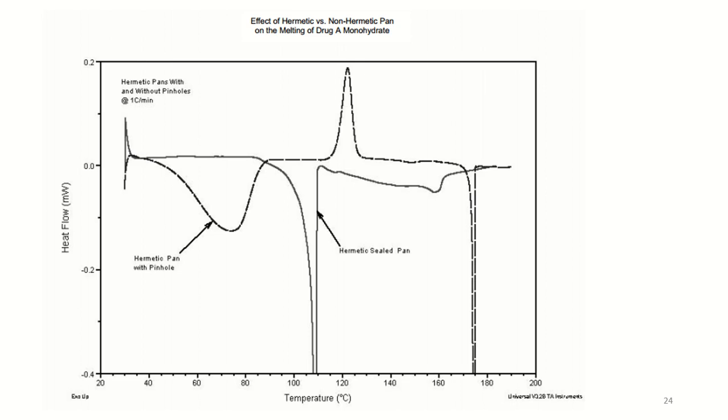And this example illustrates the value of using multiple heating rates to characterize the ability of the drug to convert from one polymorphic form to another one.